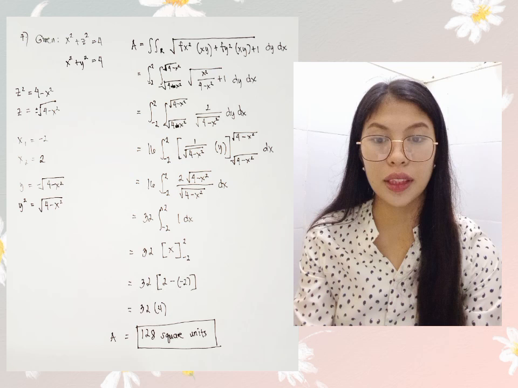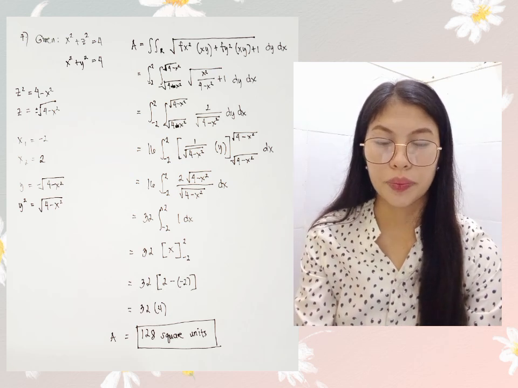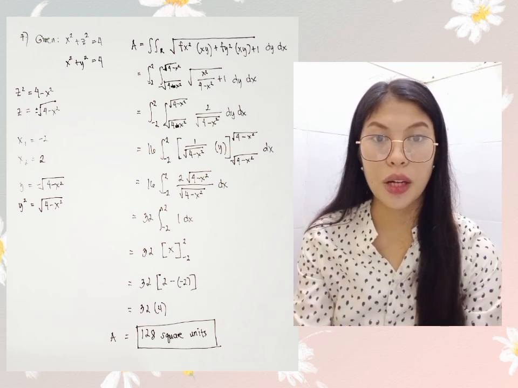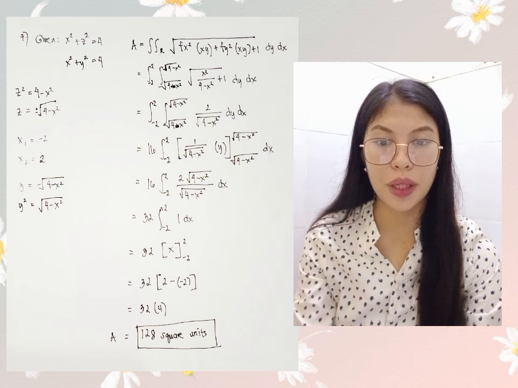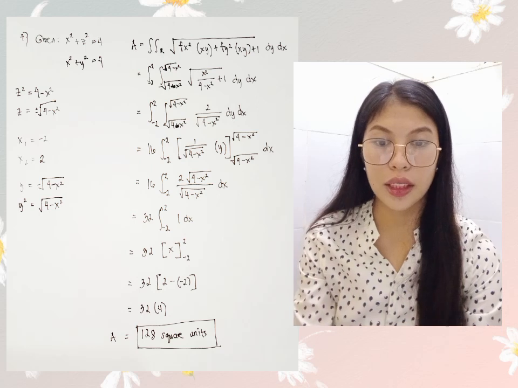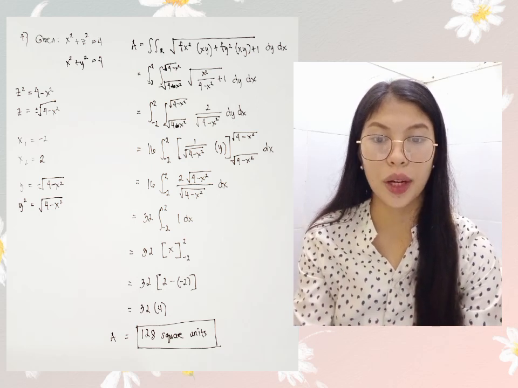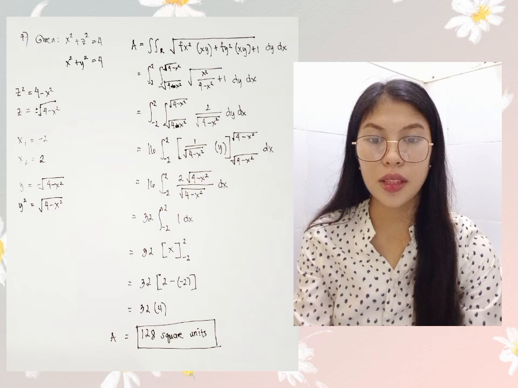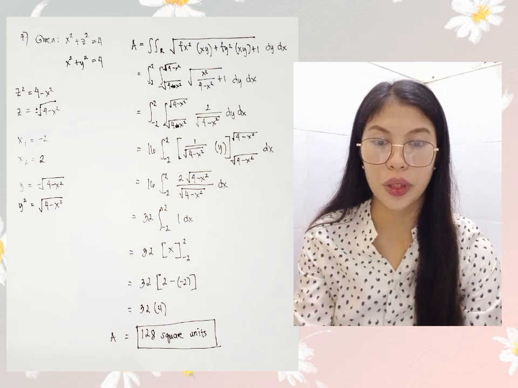So we have to integrate that first. The upper and lower bounds for our first integration would be from negative square root of 4 minus x squared to positive square root of 4 minus x squared.